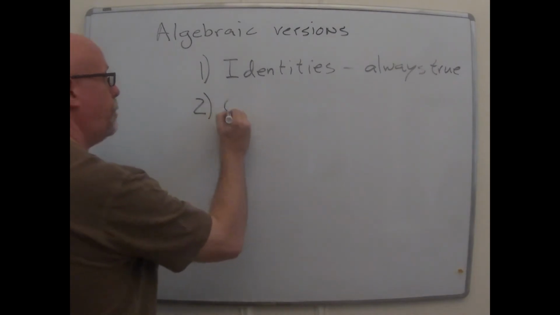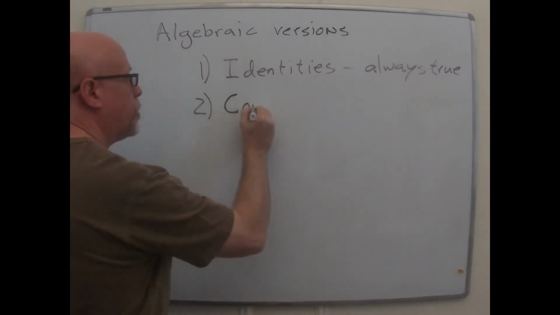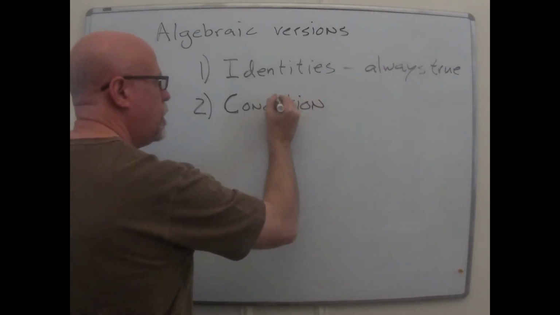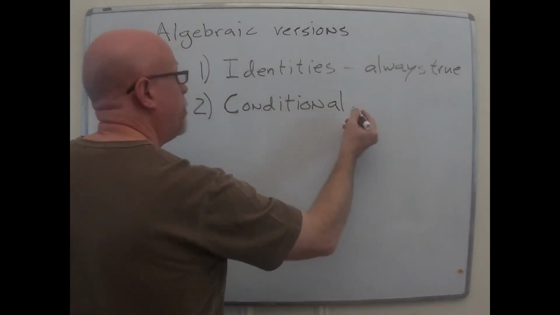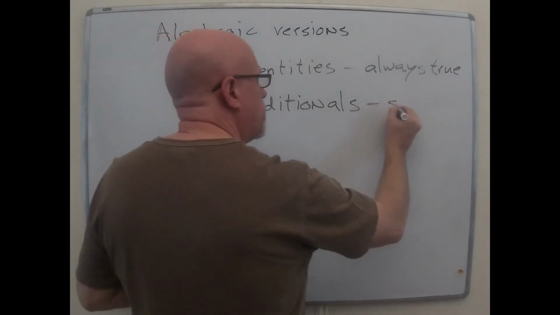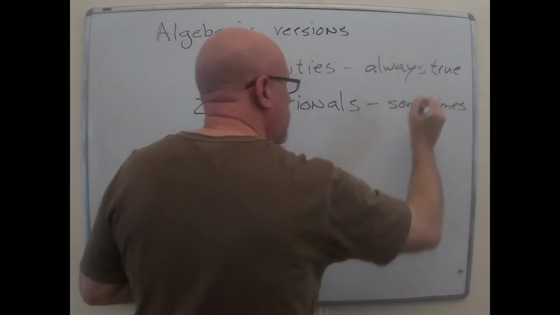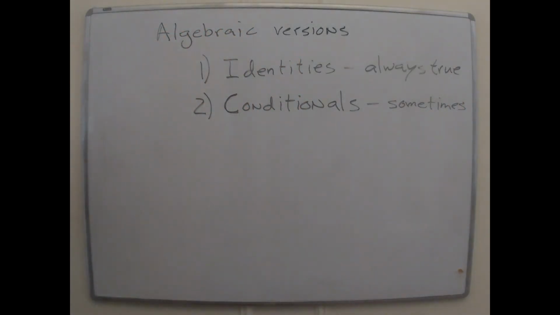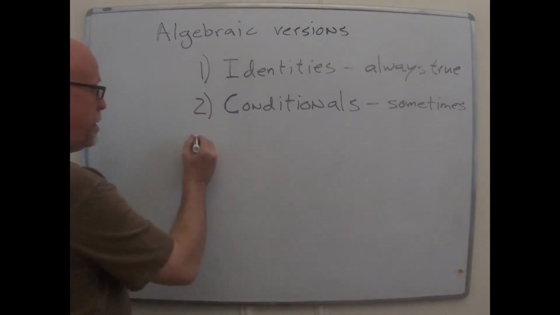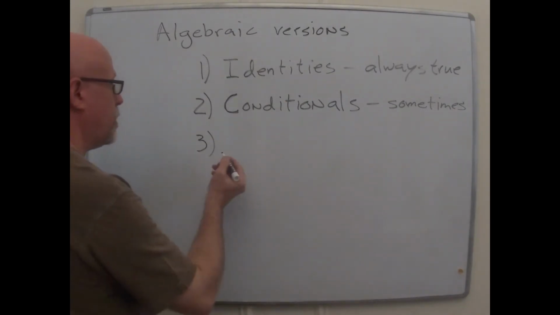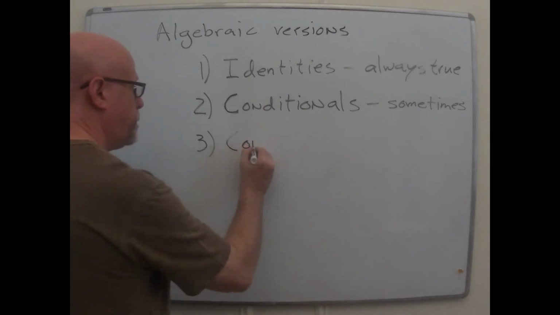They're called conditionals. And that's the sort of things that are sometimes true. Some x values make them true, and other x values will make them false. So let me just say sometimes, because I think I'm going to run out of room for the word true there. But fill in sometimes true on the end of that sentence mentally. And then there's other sentences or other algebraic expressions that you can write down. They're just nonsense. There's no x that's going to make them work. They're called contradictions.